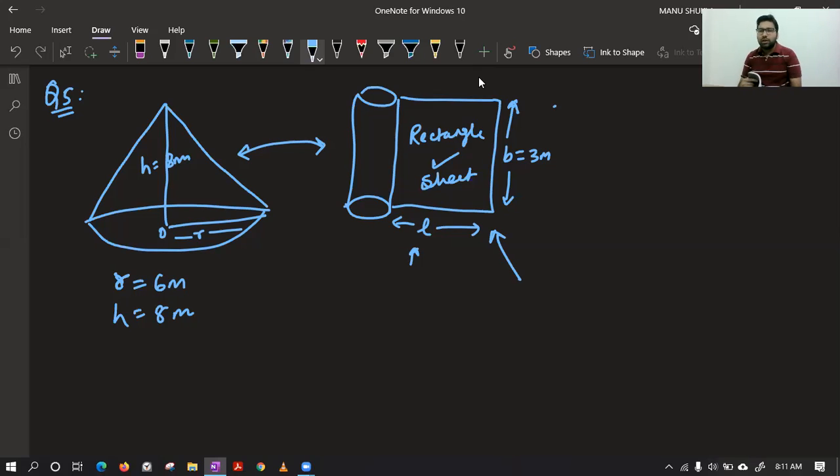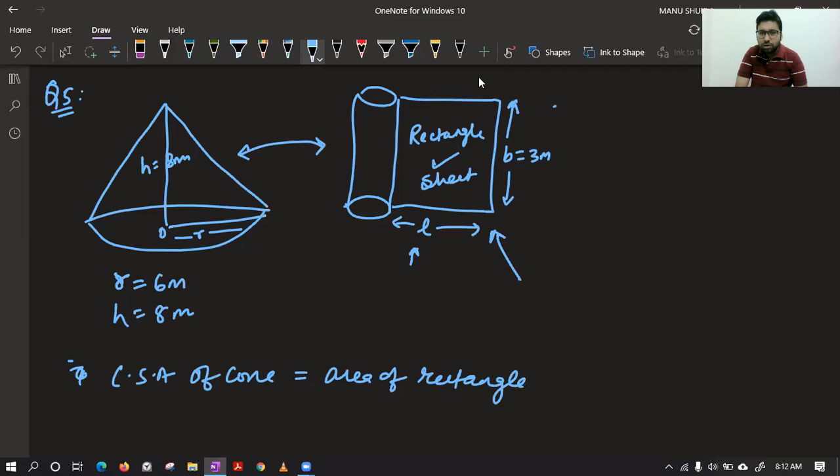Better you call it curved surface area. So we can say curved surface area of cone will be equal to area of rectangle, or what was the cloth? Tarpaulin cloth. So this is the main equation that we have to use.